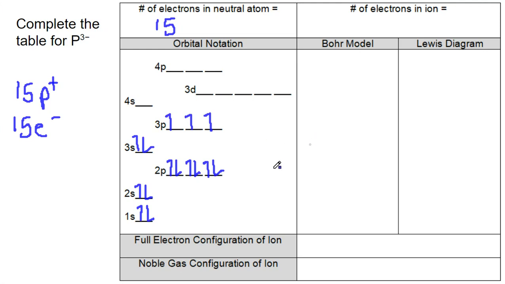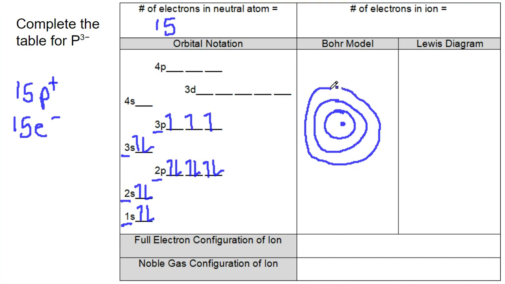Next, for the Bohr model, I'm noticing that there are electrons occupying 3 energy levels. So I will draw 3 shells or 3 rings around the nucleus. Okay, on the first energy level, there are 2 electrons.